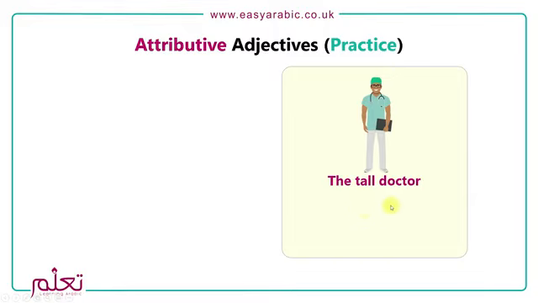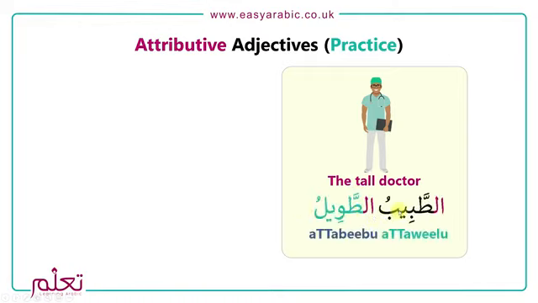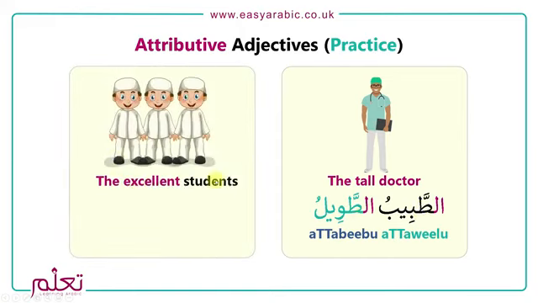Say the tall doctor. So doctor is tabib and tall is tawil. So at-tabibu at-tawilu. Yeah. So because this starts with al, this must also then match. Okay. At-tabibu at-tawilu. The excellent students.